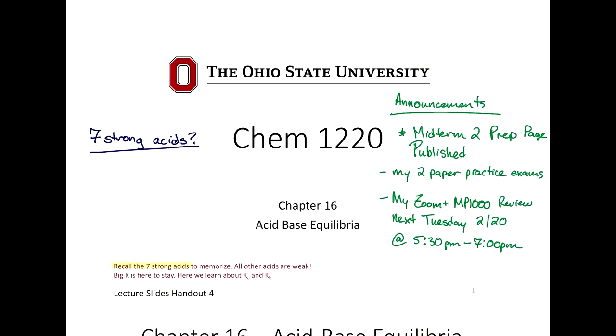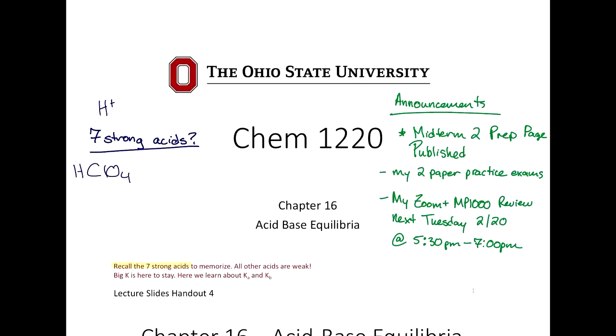Go. Someone name one. ClO4, just ClO4? There has to be an H, yeah, so you got the ending part. All of these acids do have an H plus present in it somewhere, so HClO4.